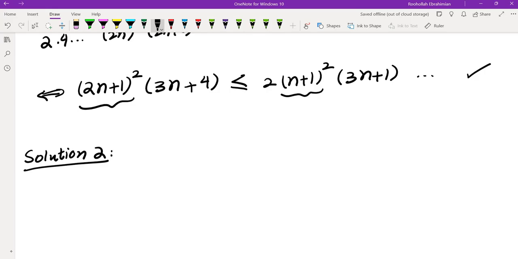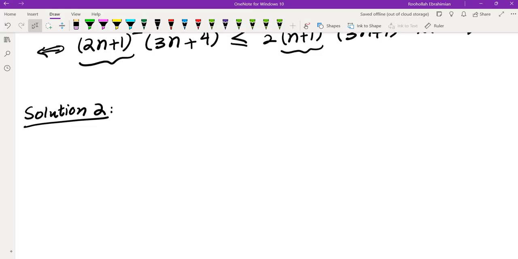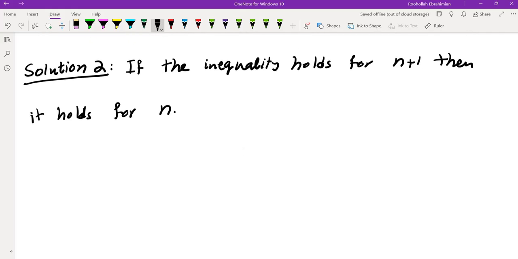When you look at the inequality and you see that the induction fails, you think that maybe the induction kind of backwards works. So what does that mean? It means if the inequality holds for n plus 1, then it holds for n. So let's see if we can prove this statement.